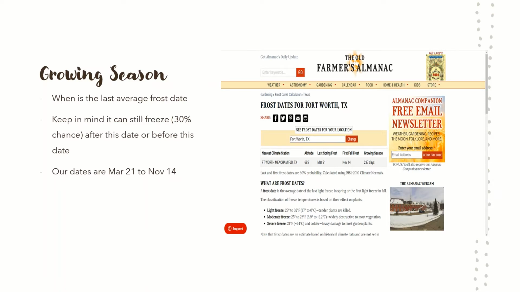So usually you kind of put a buffer in there of a couple weeks. This is where transplants come in to get you started before you have to put them out in the ground. But anyway, something worth considering is that just because it says last spring frost or first fall frost doesn't mean it might not come later or sooner.